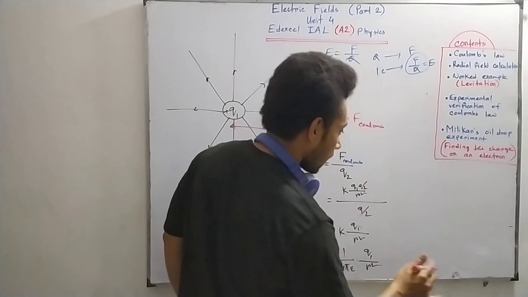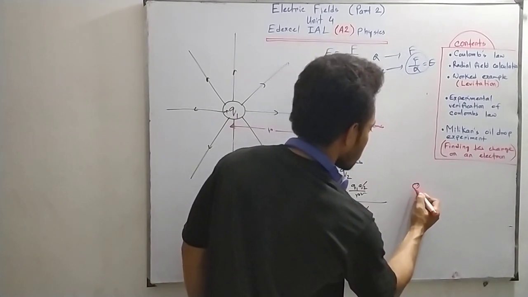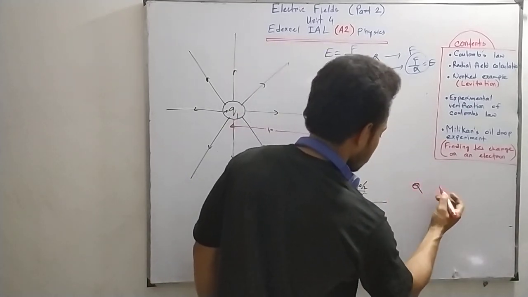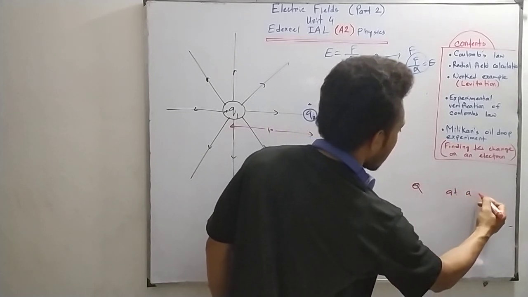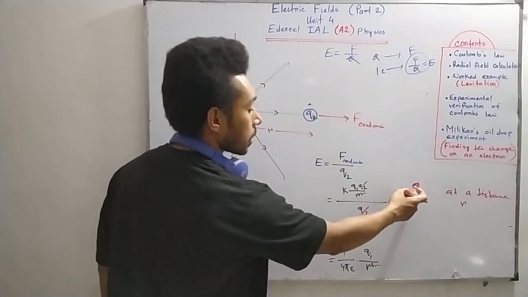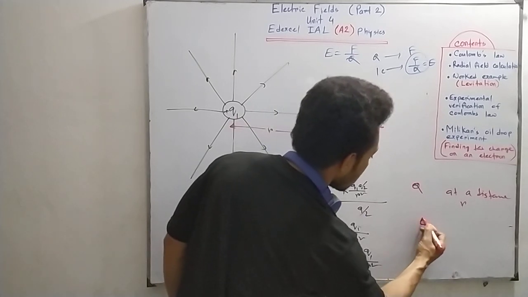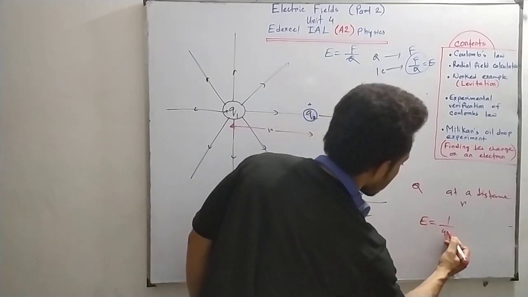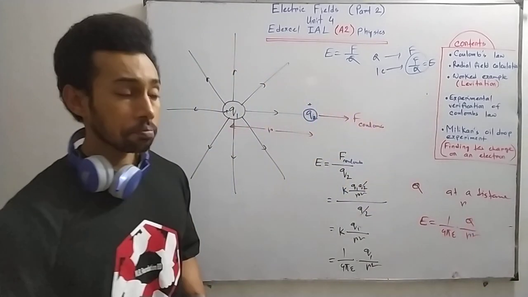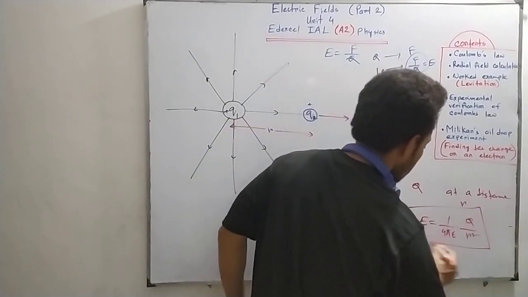So therefore we can write, if an object has a charge Q, and at a distance r from the center of the charge, we can modify this equation: E is equal to 1 by 4 pi epsilon into Q by R square. This is the general equation for electric field.